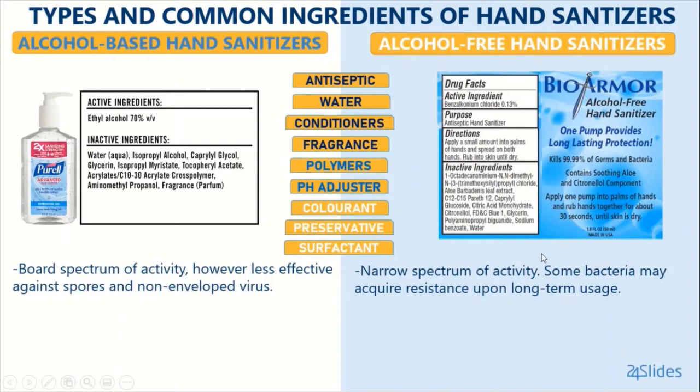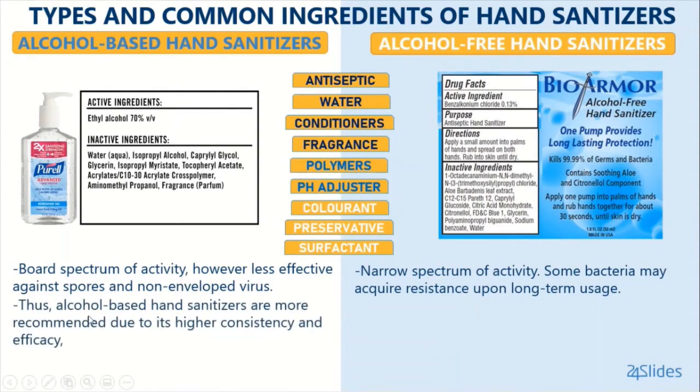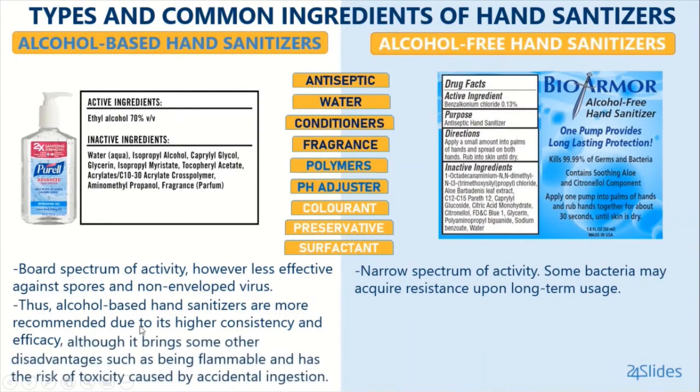And what makes it worse is some bacteria may acquire resistance upon long-term usage. So, alcohol-based is generally more recommended due to its higher consistency and efficacy, although it brings some other disadvantages, such as being flammable and having the risk of toxicity caused by accidental ingestion.